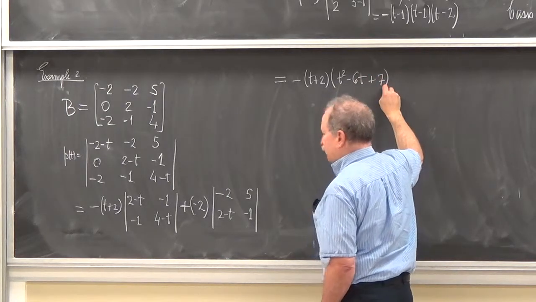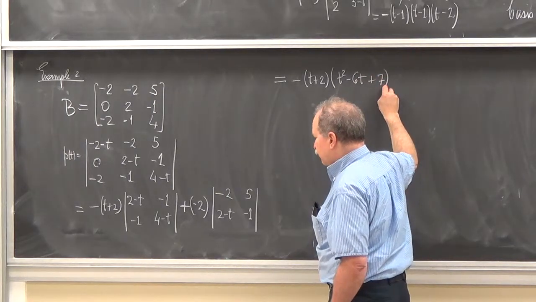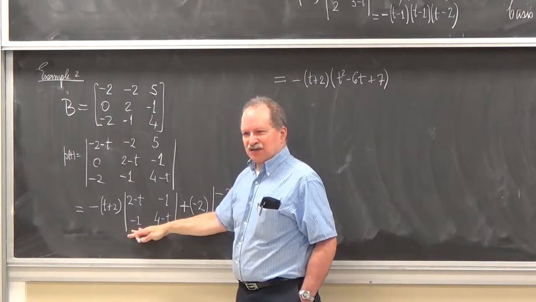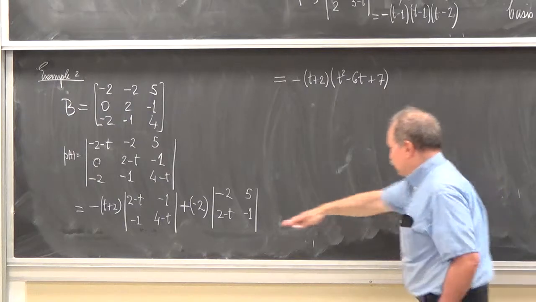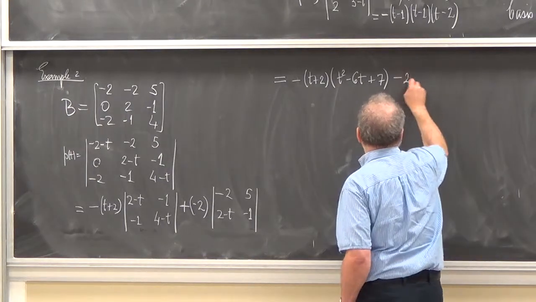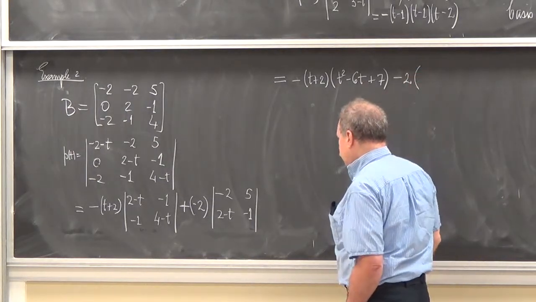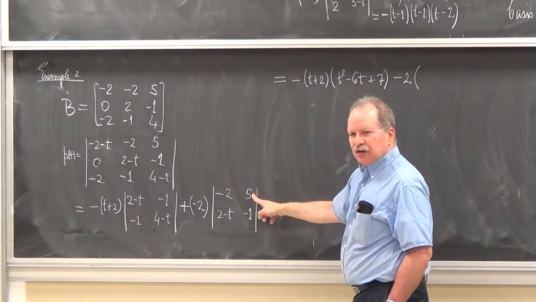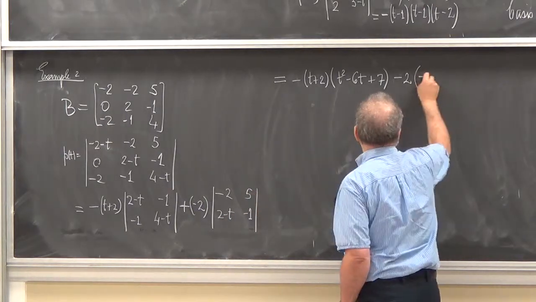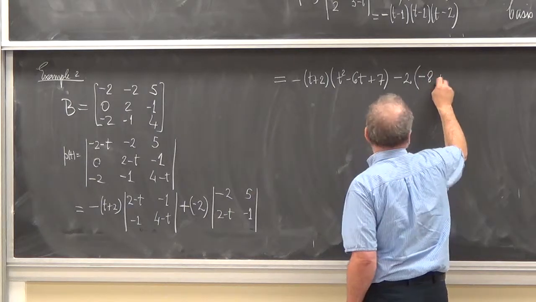So you would recommend expanding those? Like we're doing? Yeah, we have to, because otherwise we have to simplify the quadratic, and then we have to figure out what this is. Minus twice 2 minus 10, plus 5t.